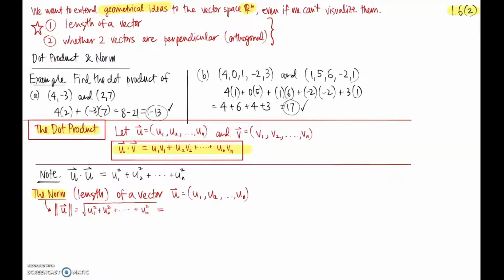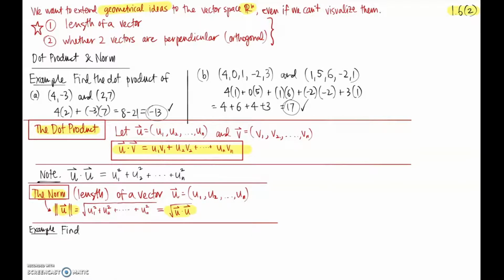And all of that is really just the square root of the vector u dot u. So this is how we'll find the length of a vector, any vector in Rn. The norm or the length will be the square root of the vector dotted with itself. So let's just do a couple examples where we're finding the length of a vector.